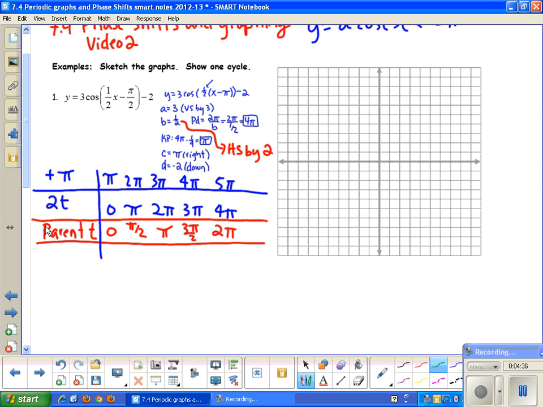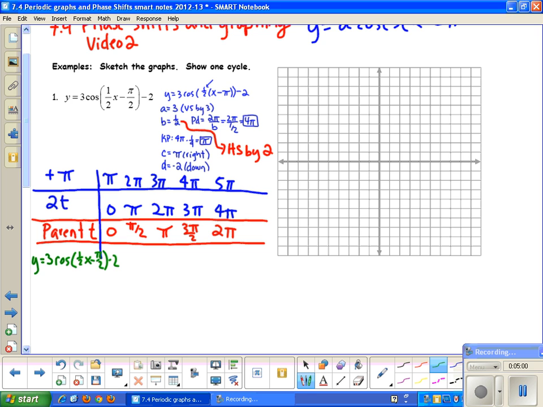Then the second part I'm going to do is find my y values by plugging into my entire equation. So in this case, I'm doing 3 times the cosine of 1/2 x minus pi over 2, minus 2, is what I'm really doing when I'm doing this equation part.